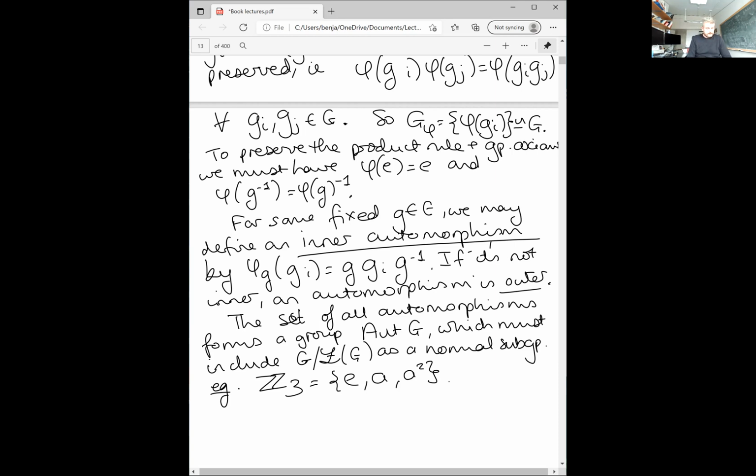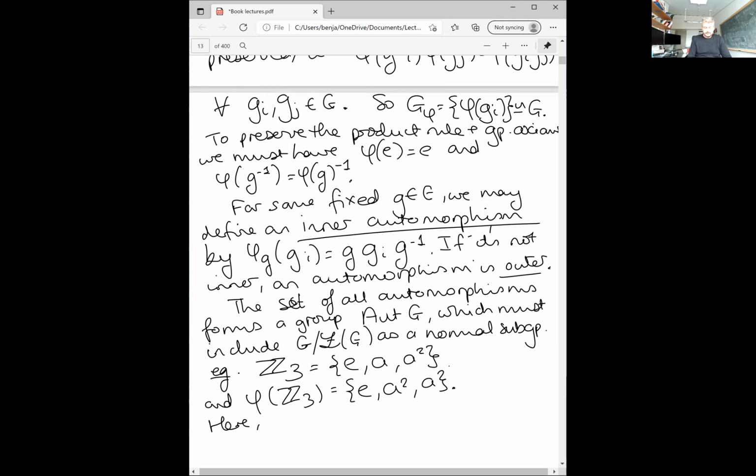And now we can take some map of these elements to be E, A squared and A. So we just switch around the A and A squared. And so here, basically because you've got two options and because one turns into the other, the automorphism group is just Z2.